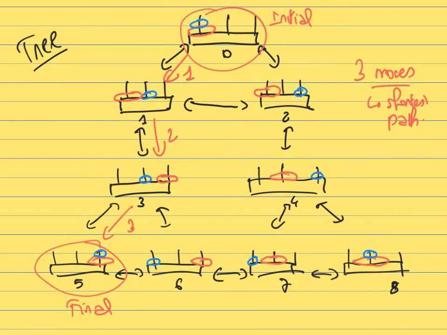You can say, I'm going to first move the small disk, and then move the large disk, and then put the small disk on top of the large disk, then move the small disk again to the left, then move the disk to the right, and then put again the small disk on top of the large disk. But if you do that, then you would have solved the problem in 1, 2, 3, 4, 5, 6 moves, which is more than the 3 moves that we just found.